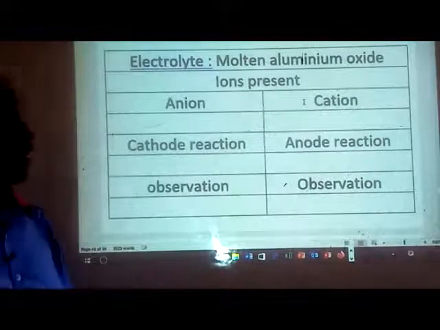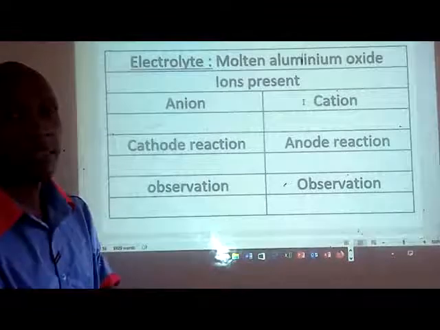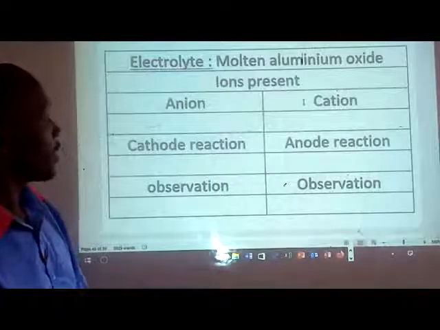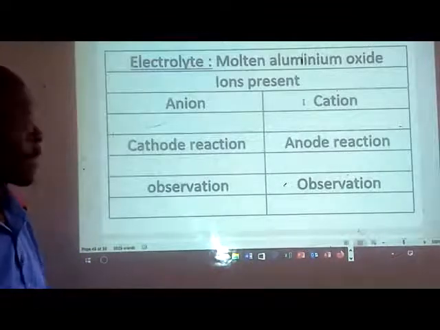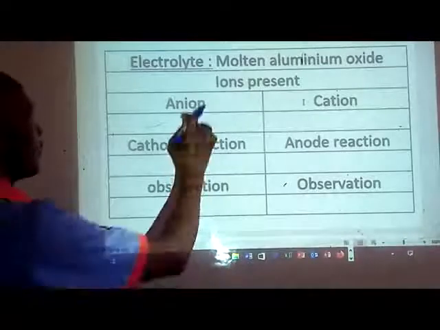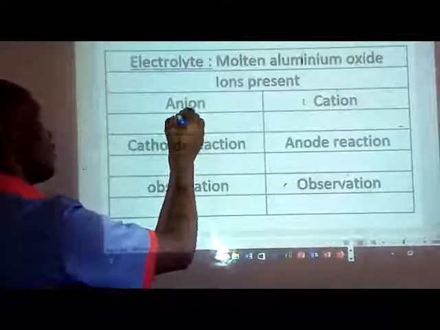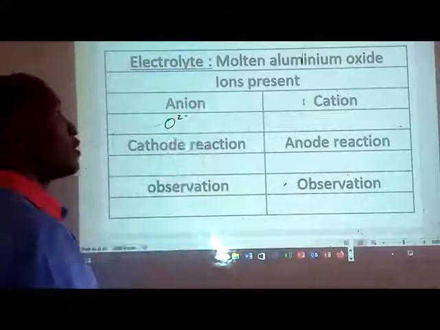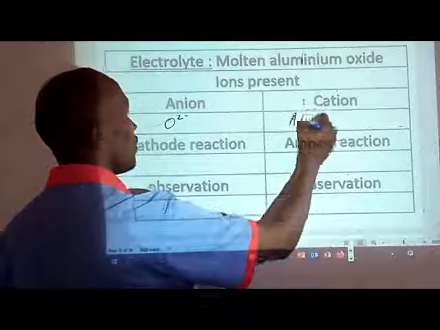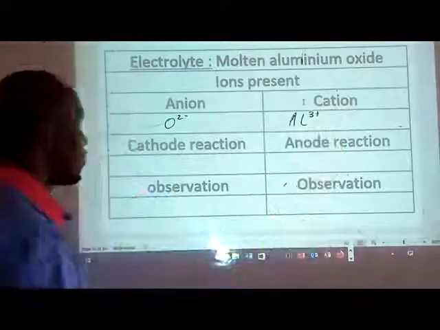Another example right there, and you can pause and go through it. The anions are negative, so you have the O2- ions. The cations are positive, you have the aluminium ions.